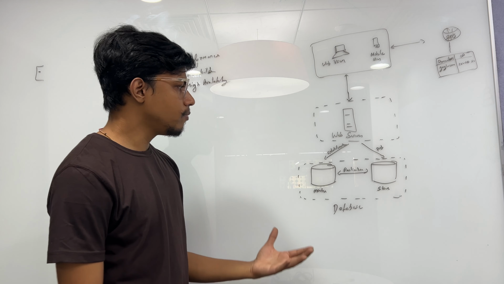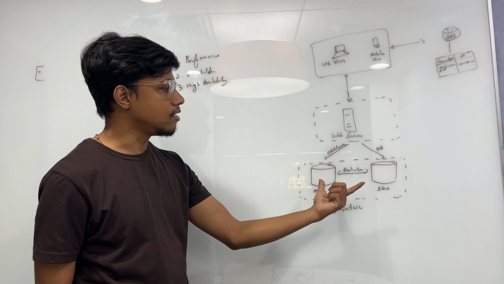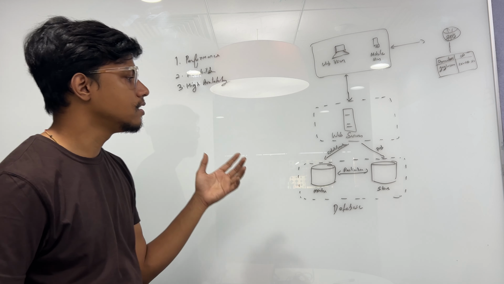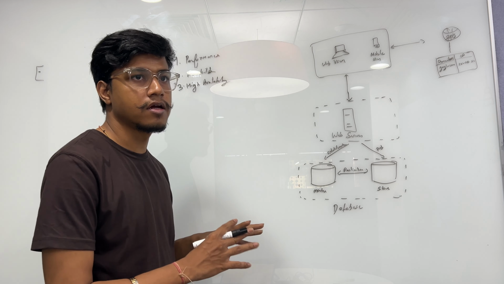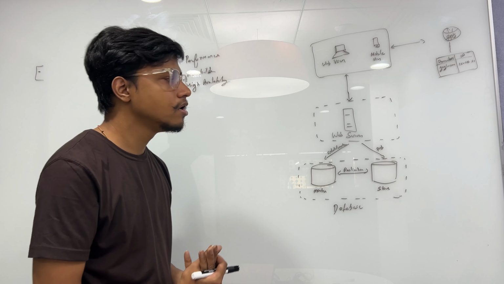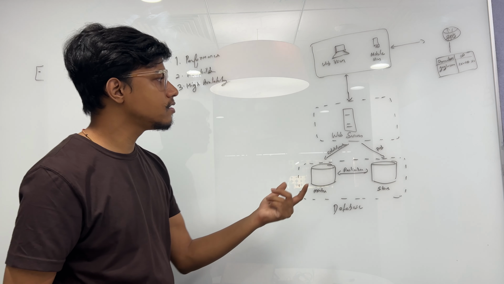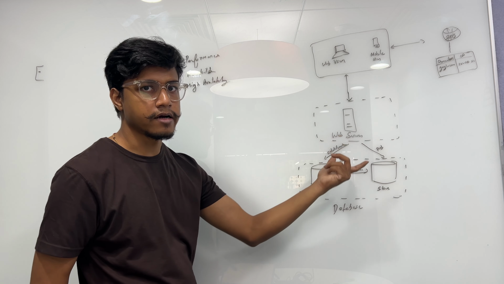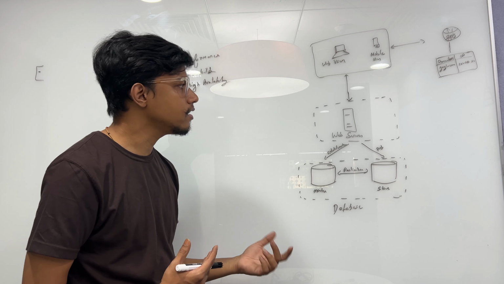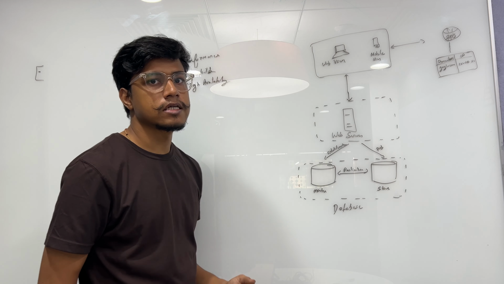Now, you might be thinking that we have saved the database from any kind of issues by considering these points, and now we have a very good database design that can handle a lot of issues. But you can see here we still have a single web server. The earlier issue that I was pointing to, a single point of failure, this can also be a single point of failure.